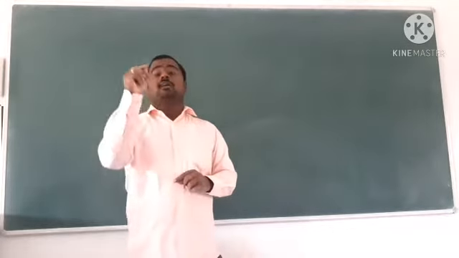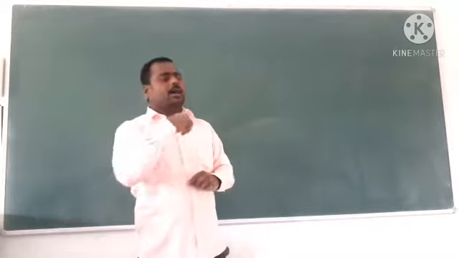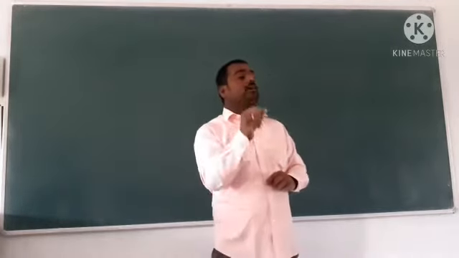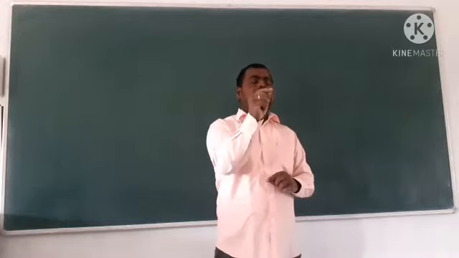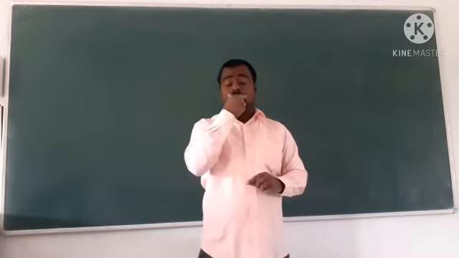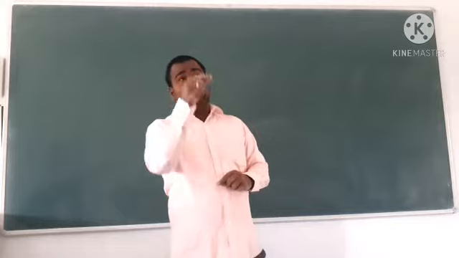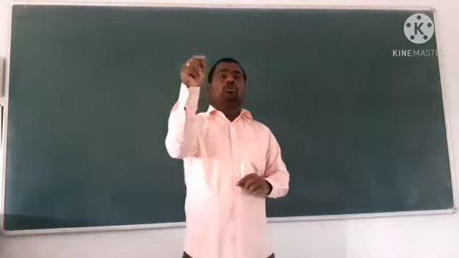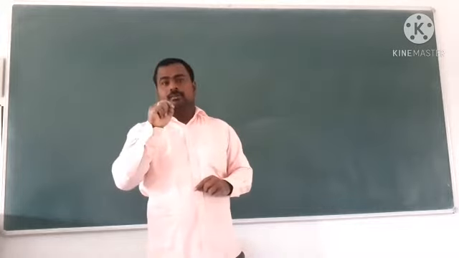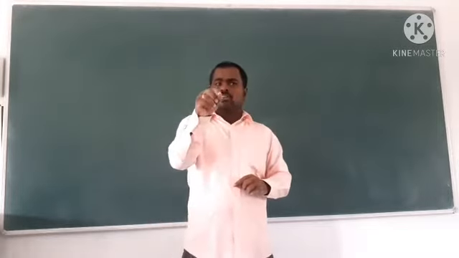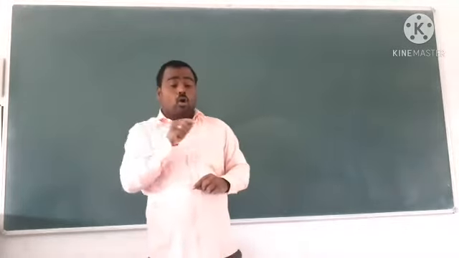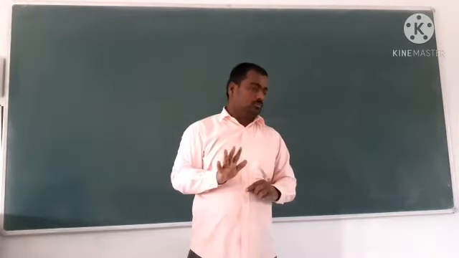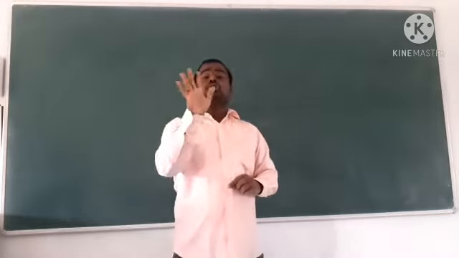Another, most important, third one is the differentiability of u by v. Take v times du by dx minus u constant times dv by dx, the whole divided by v square. This is called the quotient rule.